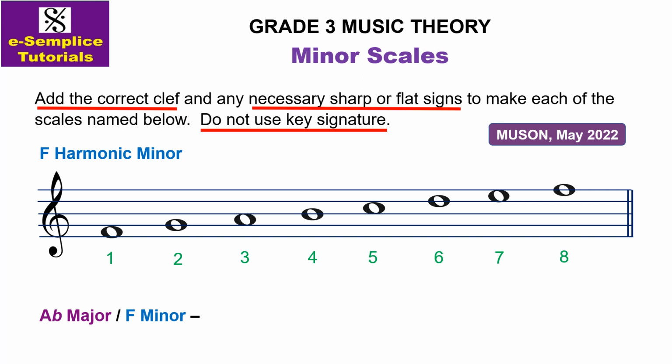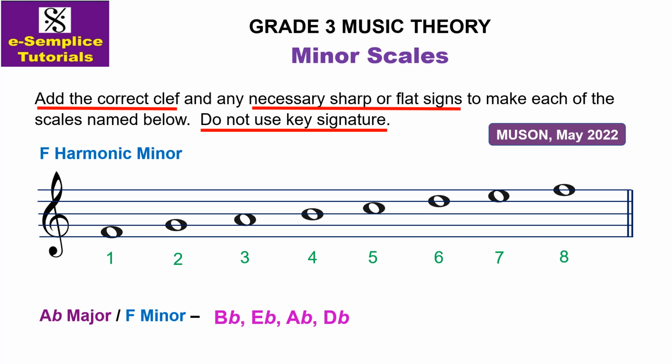And F minor is the relative minor of A flat major. So the accidentals to be added will be B flat, E flat, A flat, and D flat.